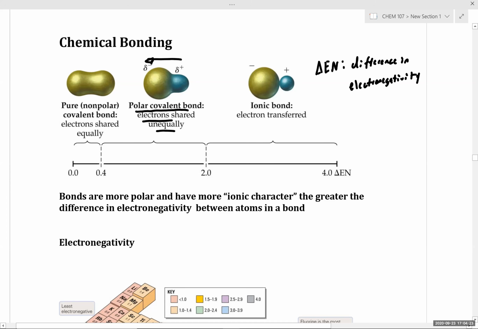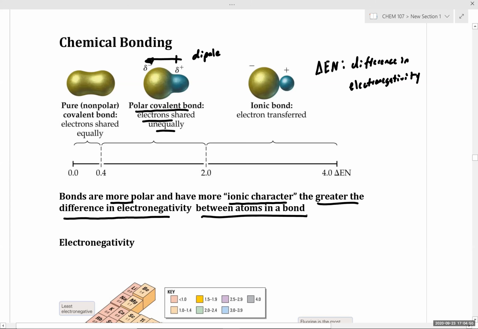This polar covalent bond is indicated using a dipole, which indicates regions that are electron rich and electron poor in our molecule. In general, bonds are more polar, and as a result, they have more quote-unquote ionic character, the greater the difference in electronegativity between atoms in a bond.